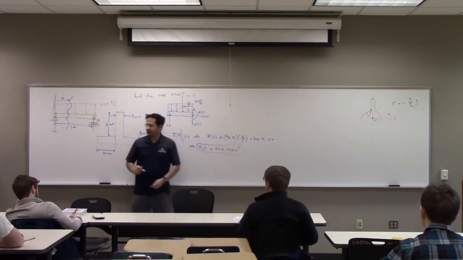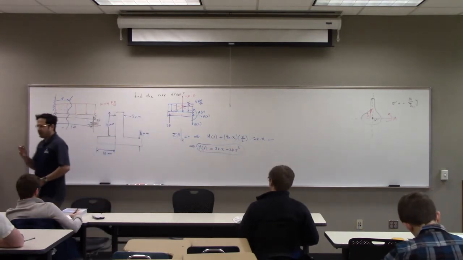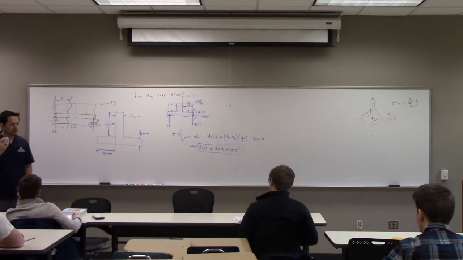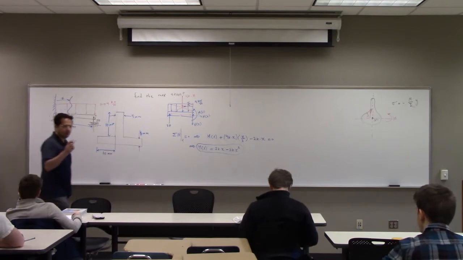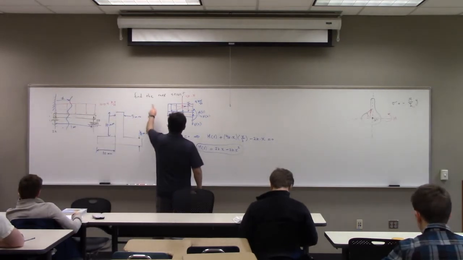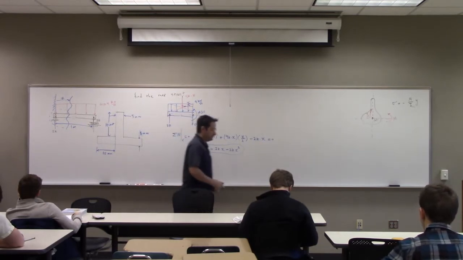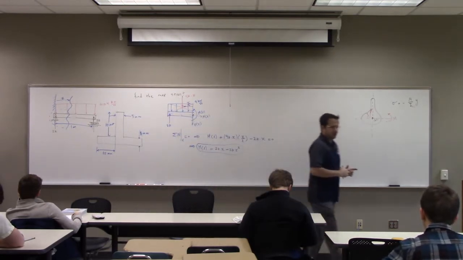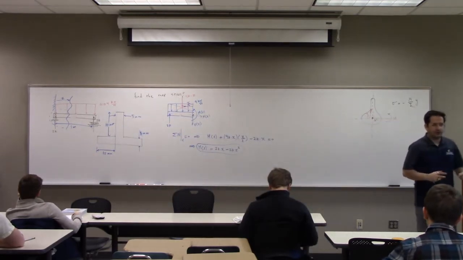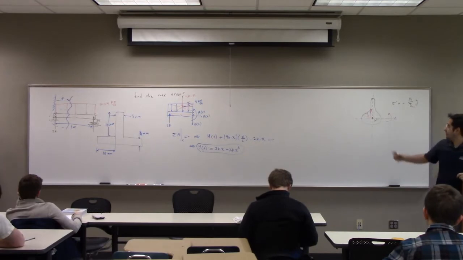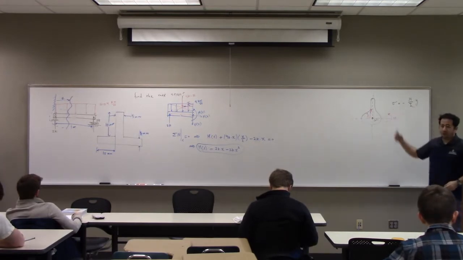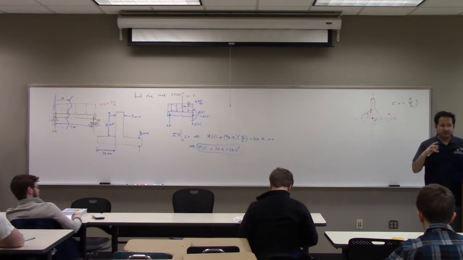Okay? Now I want to draw it. Why do I draw it? To find the maximum. But in the question, I don't say find the moment distribution everywhere. If I say find the stress distribution everywhere, what am I asking for? Find the stress field.